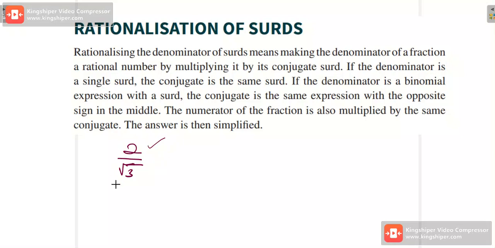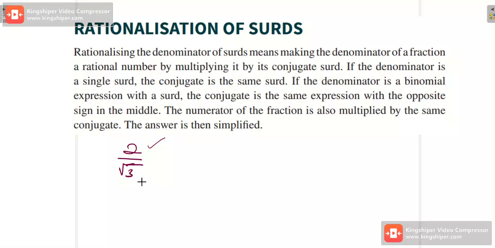But when you come to the denominator, it is an irrational number, and we don't want the denominator to be in an irrational form. In mathematics, when we are writing numbers in their standard form, we ensure that the denominator, that is the divisor, is in a rational form. Therefore, what will we do to this irrational denominator in order to make it rational?